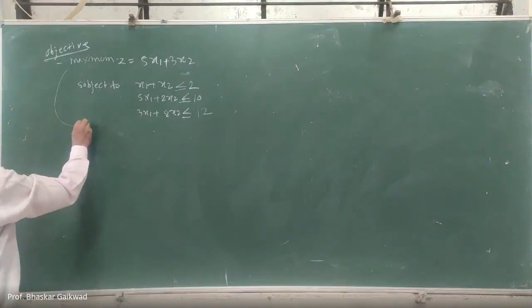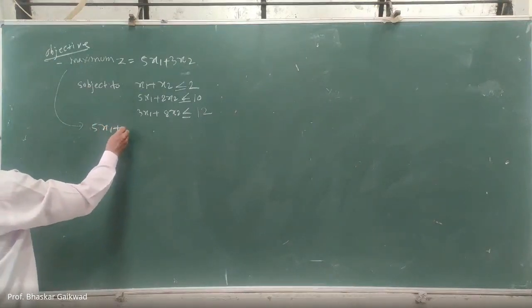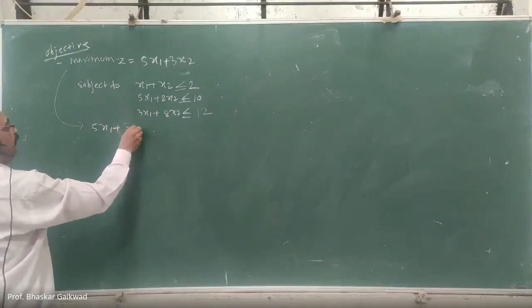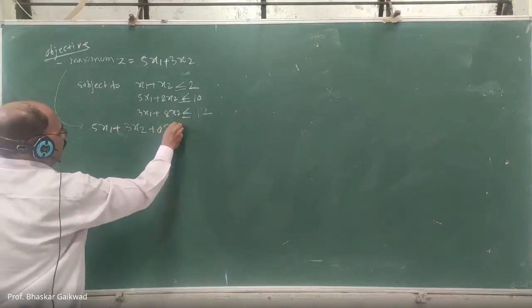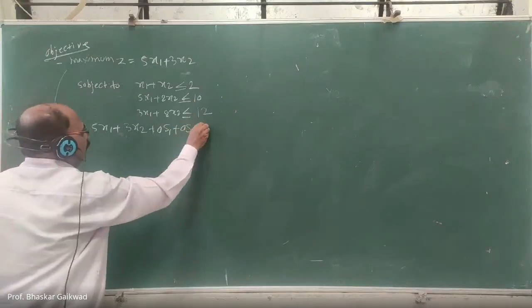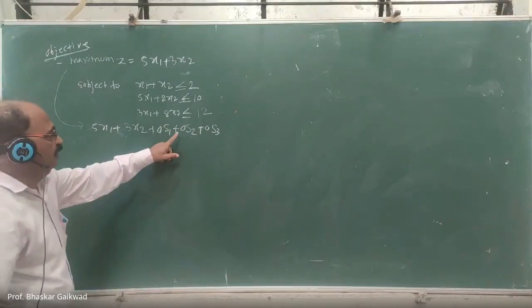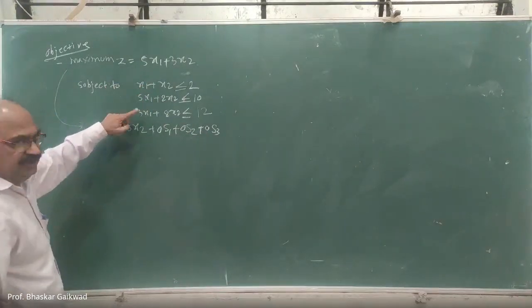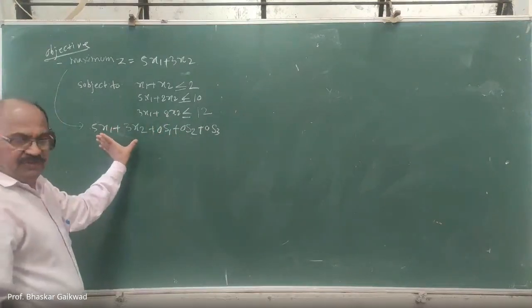Now let us see this equation. You can rewrite it as 5x1 plus 3x2 plus 0s1 plus 0s2 plus 0s3. Why three? Because there are three constraints, and the 0 coefficients have no effect on it.